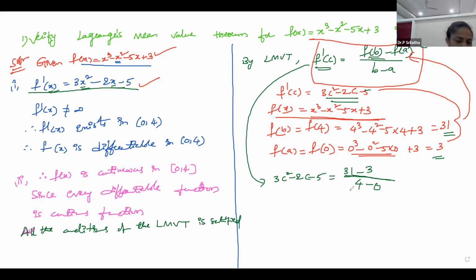After simplification, 3c square minus 2c minus 5 equals 7.